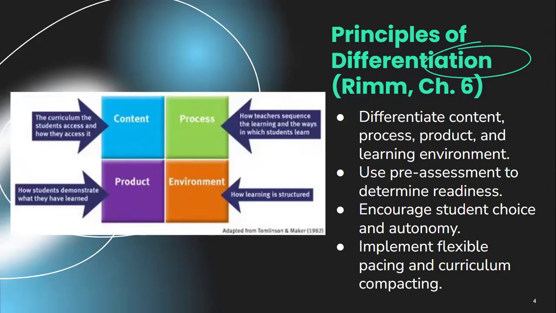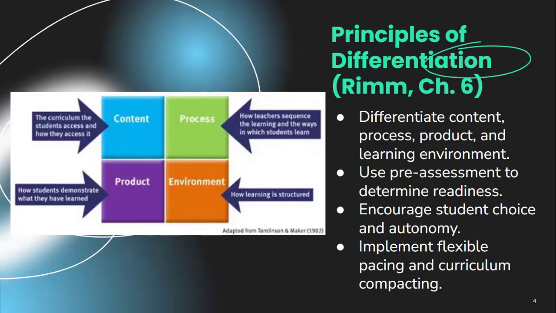RIM's chapter reminds us that differentiation is a comprehensive framework, not just a set of isolated strategies. So it focuses on the four classic dimensions: content, process, product, and learning environment. Some of the readings that you may have had previous to this class only focus on the first three: content, process, and product, but learning environment is key, and more research is showing us how important it is specifically for gifted learners.